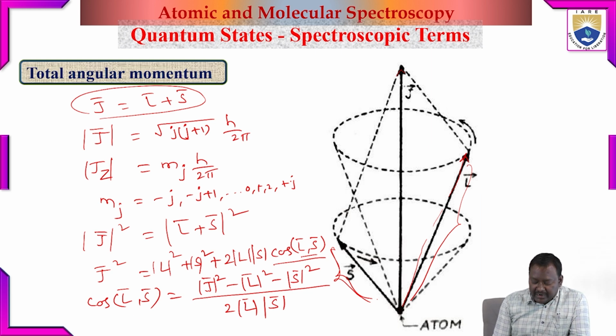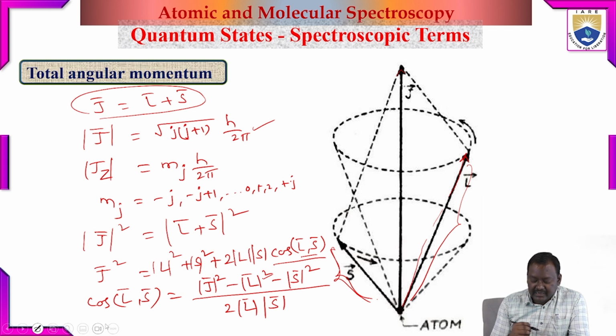We already know the magnitude of J bar is given by this expression. L bar is also given as the square root of L into L plus 1 into h by 2 pi. S is also given by the expression square root of S into S plus 1 into h by 2 pi.